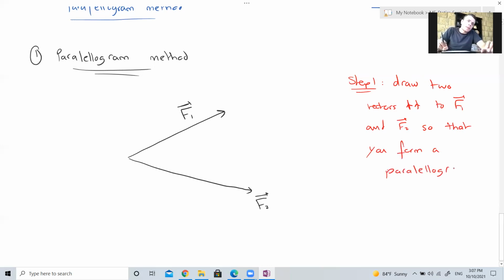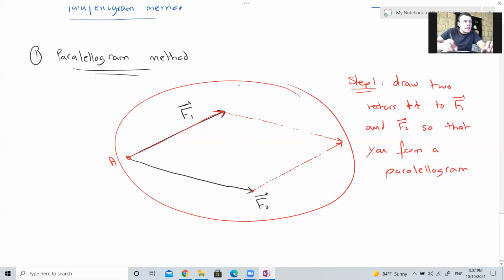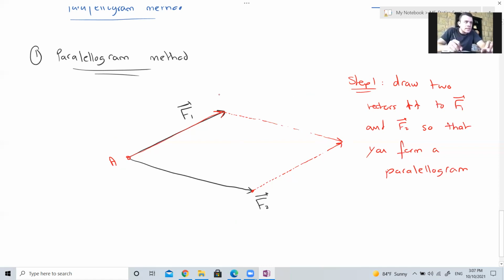This is point A, let's say. This is F1. You come here to the end of F2 and draw a line parallel to F1, and another one from here like this. Can you see it? Then this whole thing is a parallelogram, A, B, C, D.